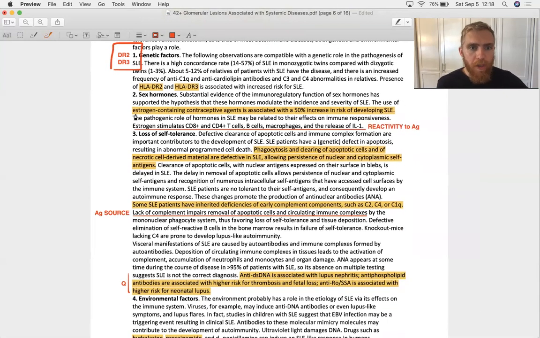You also want to know that estrogen is positively associated with lupus risk. And that's because estrogen in general is a positive immune regulator. It gets your immune system upregulated. And so if you have more immune cells, period, then you are more reactive potentially to self-antigen just as a function of probability. You're more likely to see an aberrant self-antigen.